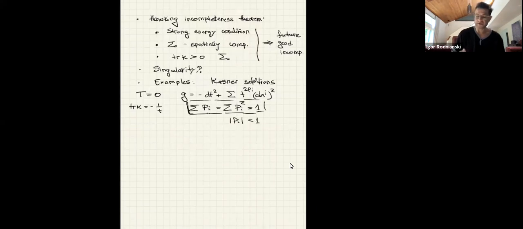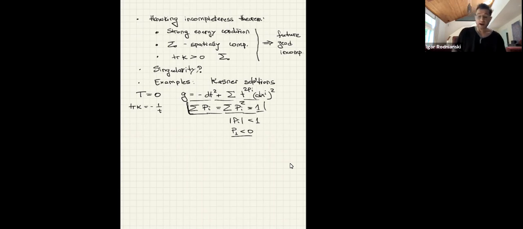And another consequence is that at least one of these p_i's has to be negative. So for instance, at least p_1 has to be negative. Otherwise, we cannot satisfy these constraints, which is interesting because it tells you that not every direction collapses. There are some directions that are actually expanding as you go to the singularity.